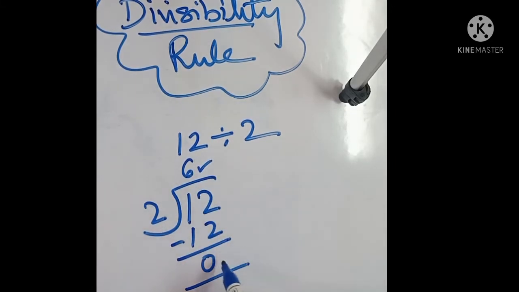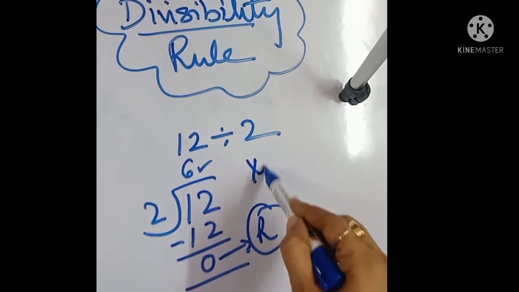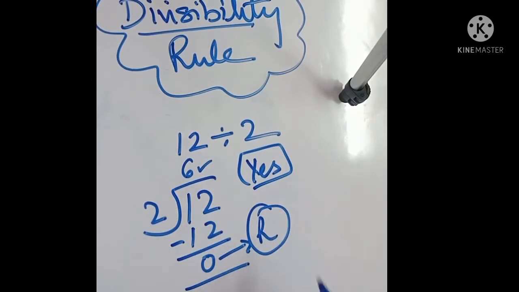Divisibility का मतलब है कि remainder should be 0. If remainder is 0, then we can say कि 12 is divisible by 2. So yes, 12 is divisible by 2.